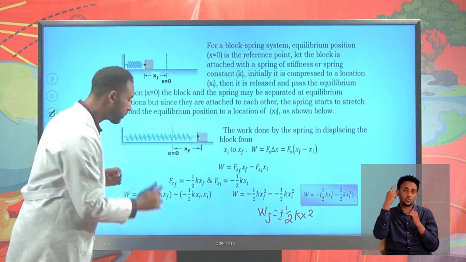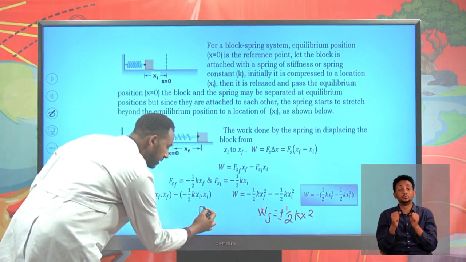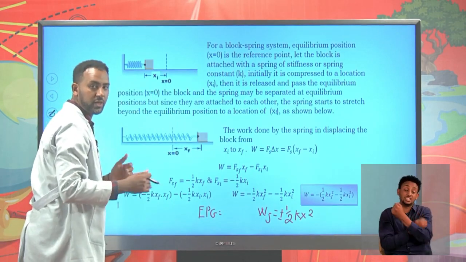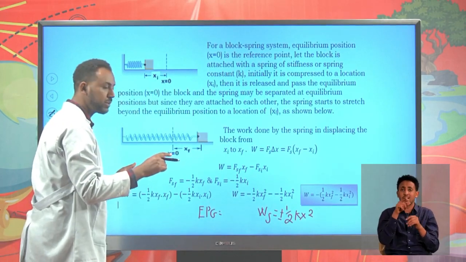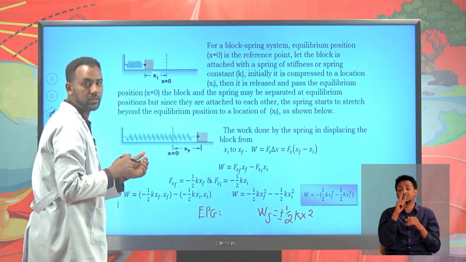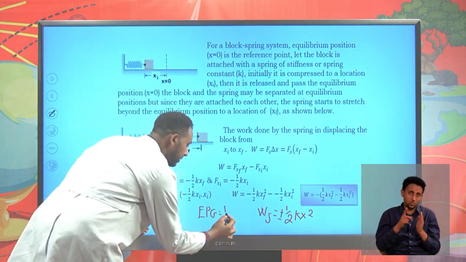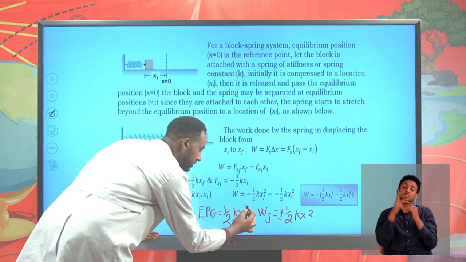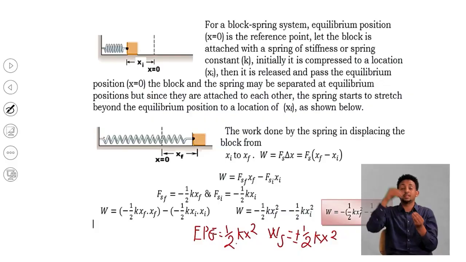But for elastic potential energy, there is no negative energy. If you find a negative, it means something out or in. But the energy on a spring is always given as 1/2 kx squared. The elastic potential energy can be given as 1/2 kx squared.